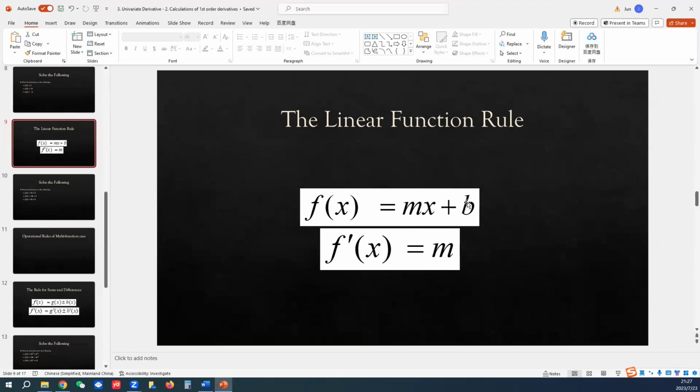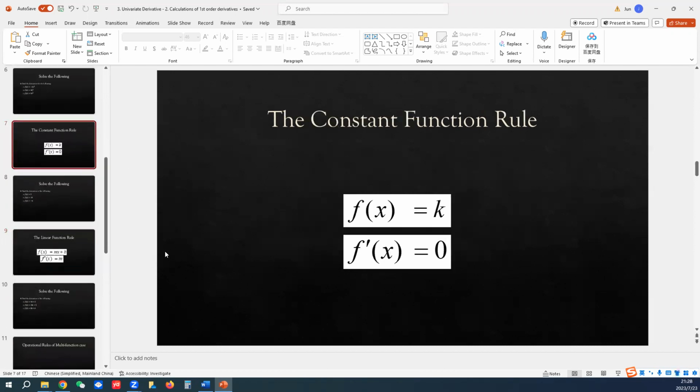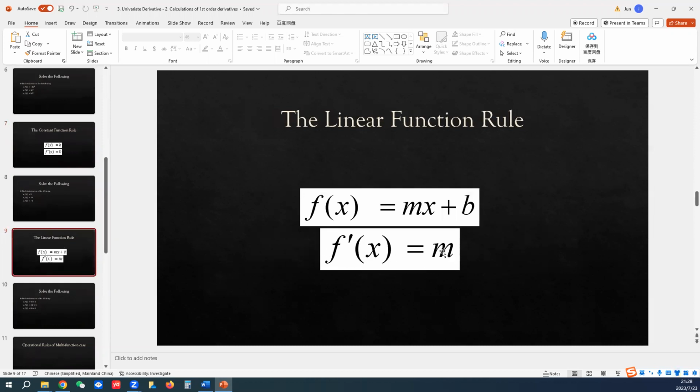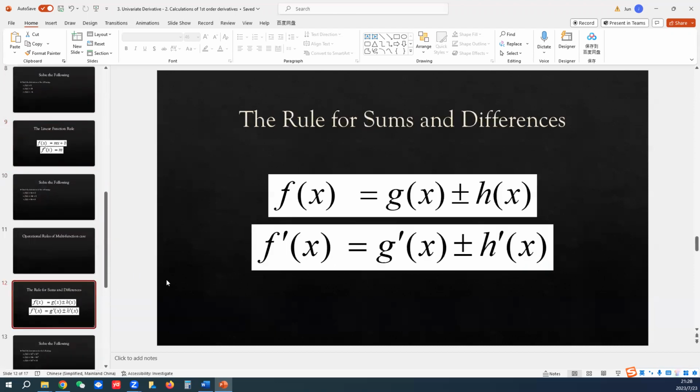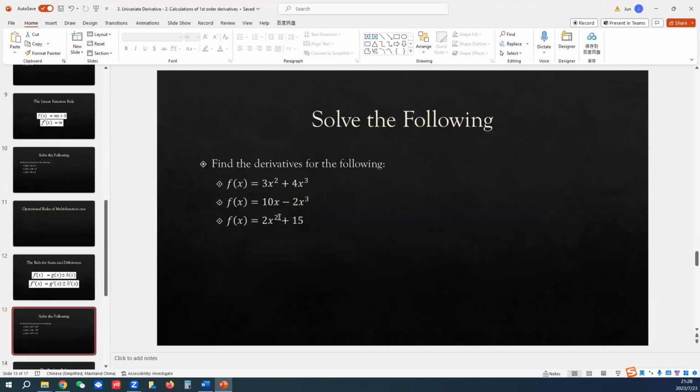The derivative of this constant equals 0, so the derivative of the entire thing, mx plus b, equals the derivative of mx, which is m, plus the derivative of b, which is 0, because that's a constant. So the result is m plus 0, which is m. That's the derivative. So this is how you can view this entire thing also as an application of this sum and differences rule.